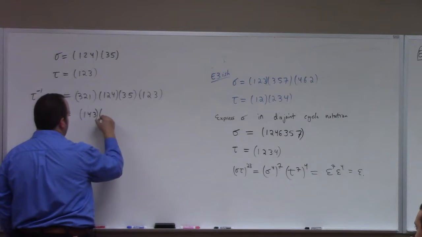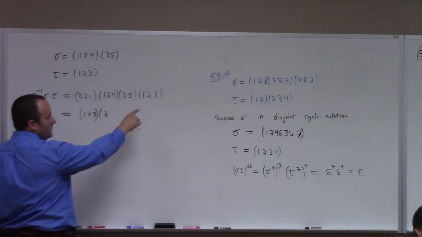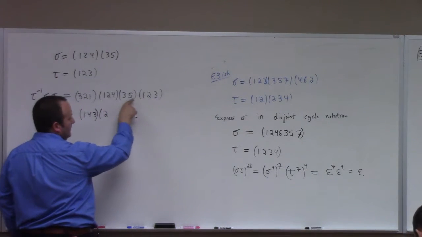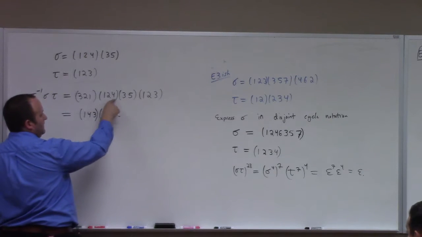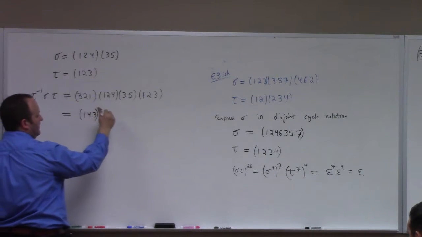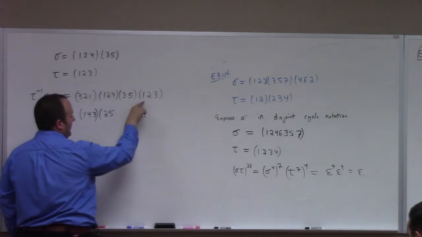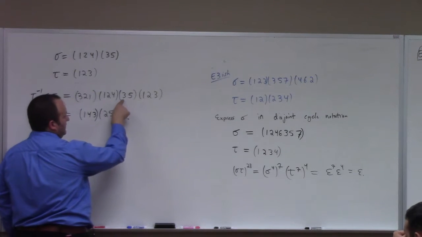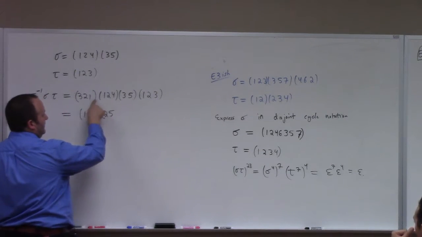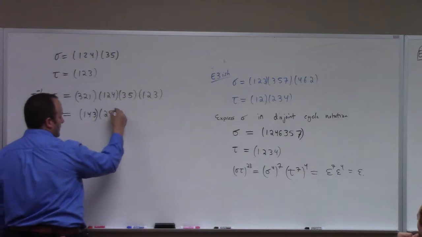Next, 2. 2 goes to 3. 3 goes to 5. Goes nowhere, goes nowhere. 5. 5, nowhere. Goes to 3. Goes nowhere. 3 goes to 2. There we go.